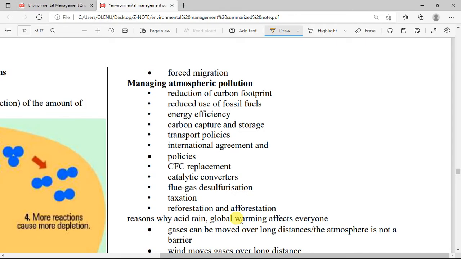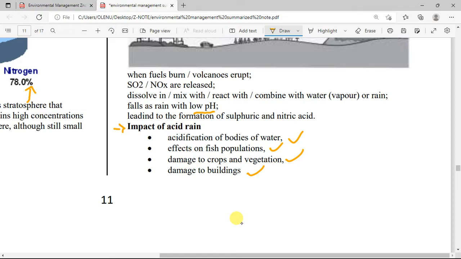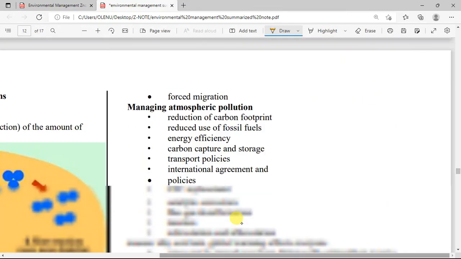So when you are trying to write a multiplier effect of this, when it leads to damage of vegetation, biodiversity will be lost. Once biodiversity is lost, vegetation habitat is lost, so it can lead to extinction of certain species.